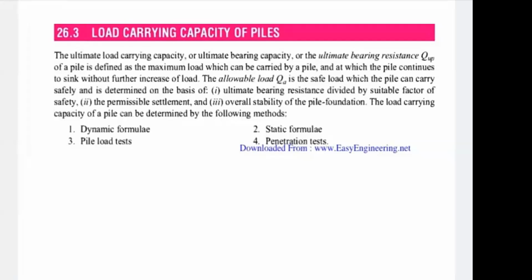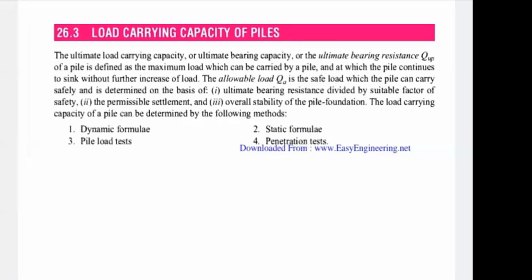The allowable load, QA, is the safe load which the pile can carry safely and is determined on the basis of ultimate bearing resistance divided by a suitable factor of safety.